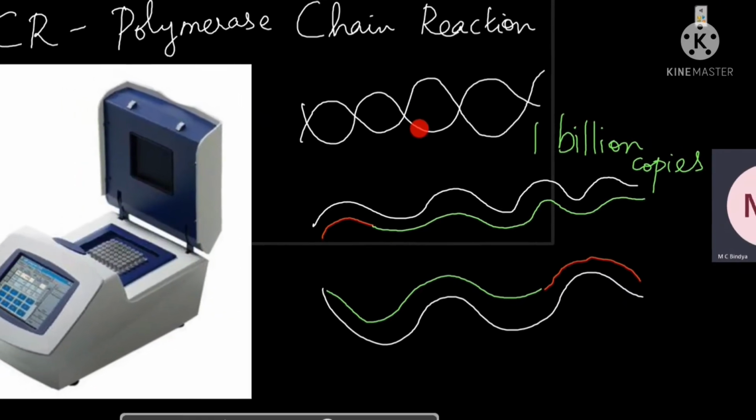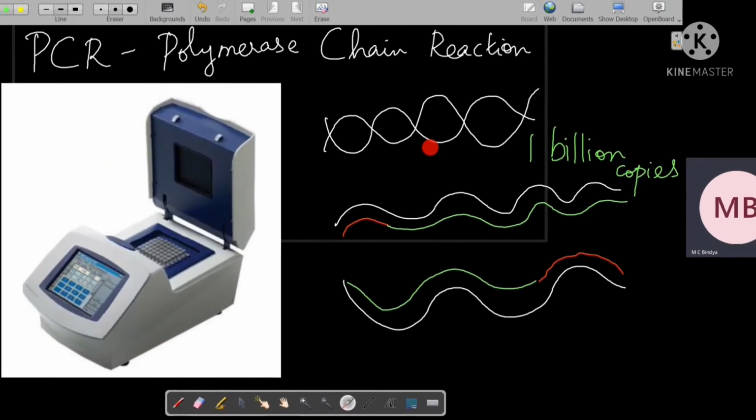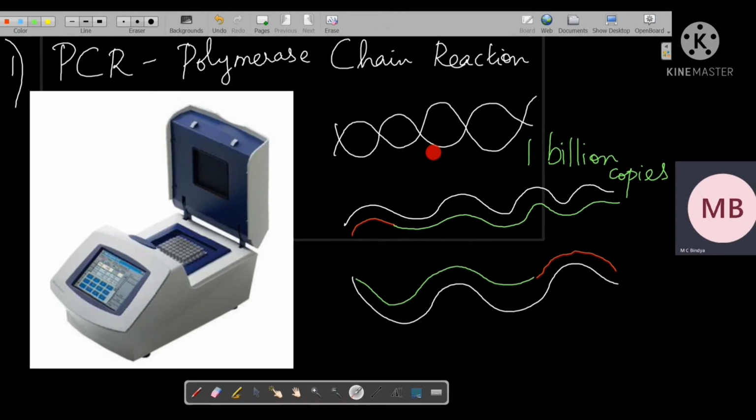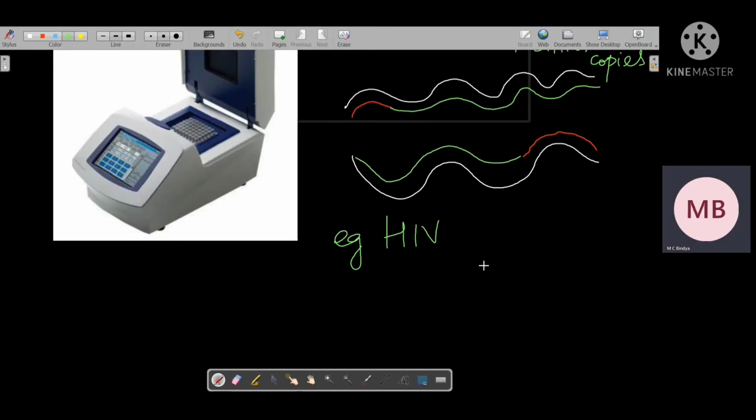And so the diagnosis will be easier. It is possible in the initial stages itself. If it is diagnosed at the initial stages, the transformation from HIV to AIDS can be delayed.